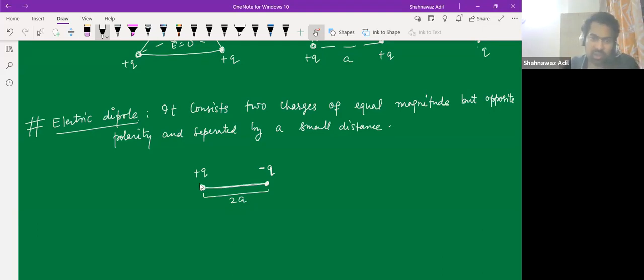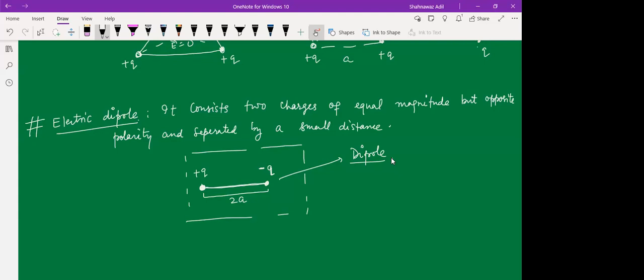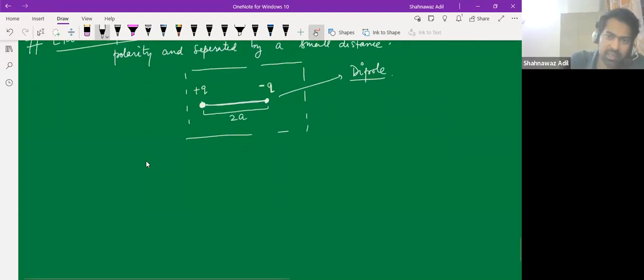So this two-charge system will be called an electric dipole. Is this clear, guys? Yes, sir. Yeah. And then you have these dipoles.